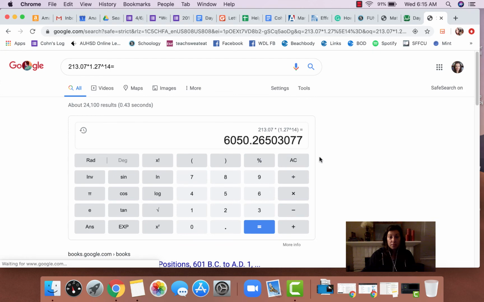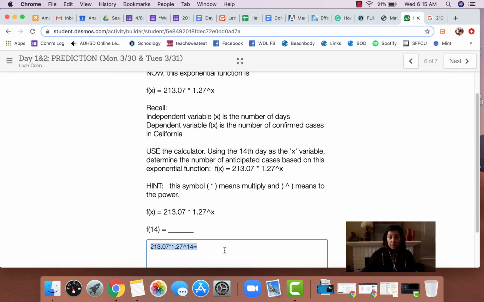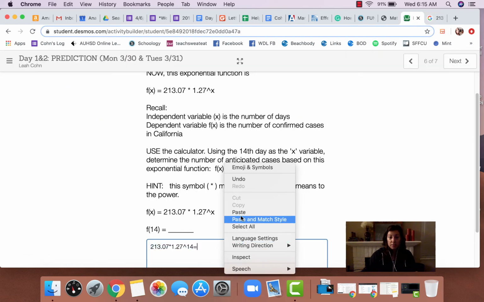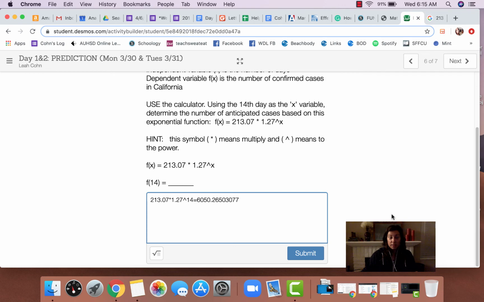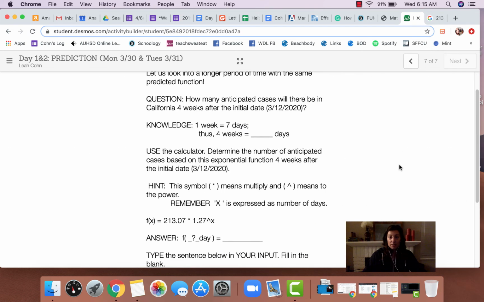So I'm going to ask Google, what does this equal? Oh, here it is. I'm going to copy the answer from my Google Calculator, leave the formula, and paste it here at the end. There's my whole answer: about 6,050 cases and a decimal point. I'm going to leave the decimal point because I did it on my computer so I can copy and paste. Then I'm going to go to the next slide.